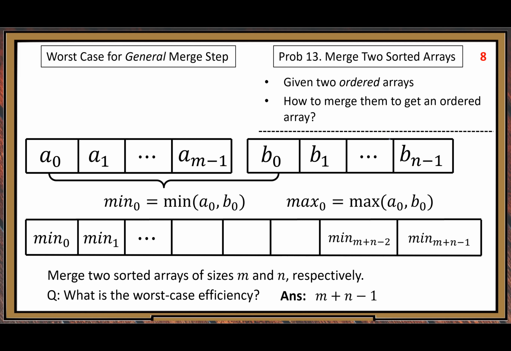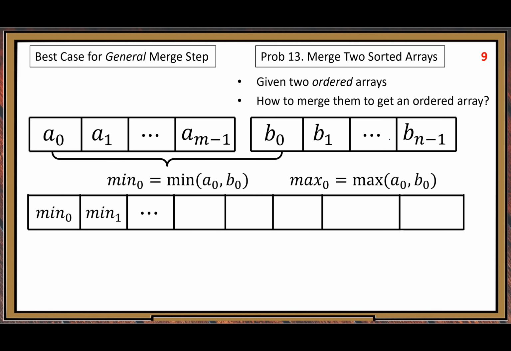Okay, all right. But how about the best case, right? We just did the worst case, but how about the best case? Think about the best case. We do not need that many comparisons. So think about what is the minimum number of comparisons we need for the best case.